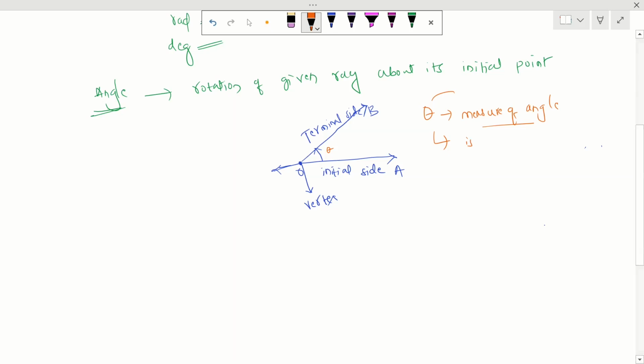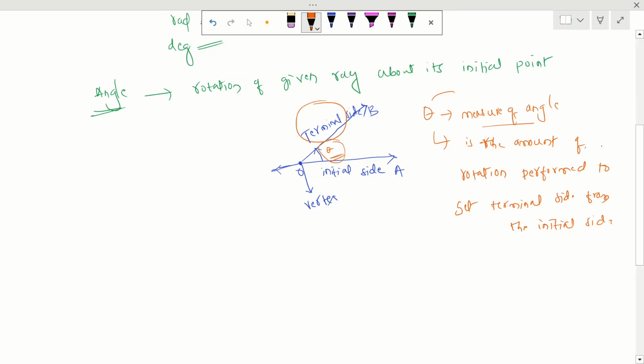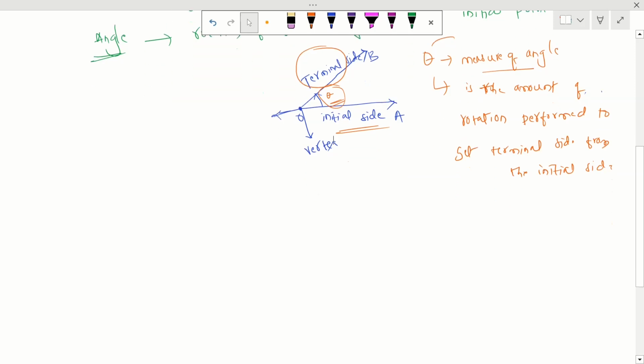The measure of an angle is the amount of rotation performed to get the terminal side from the initial side. That is the purpose of theta. This is the proper definition of the measure of an angle.